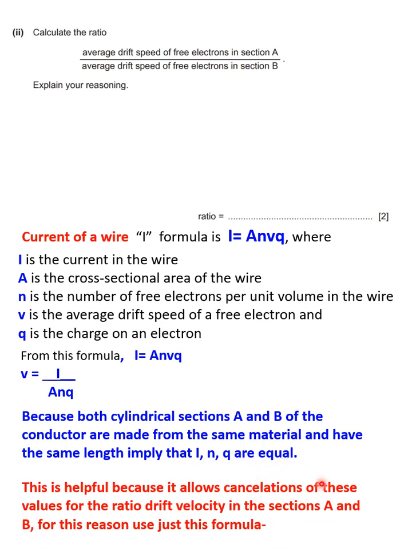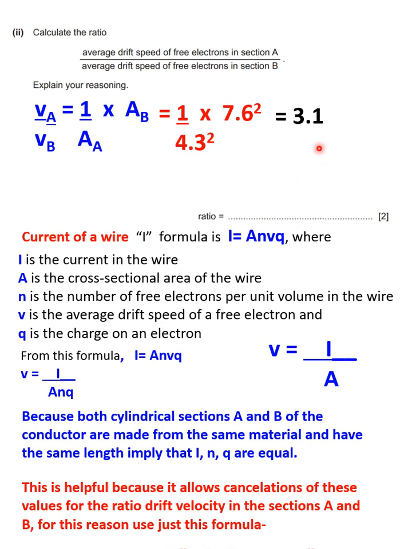This is helpful because it allows cancellation of these values for the ratio of drift velocity in both sections, and I'm going to use just this formula here. v is proportional to current over A. So here we have vA over vB. vA over vB is 1 over cross-section A, and then I will flip this value just like I did with resistance from both sections in the prior question. And I will have the same result, 3.1.